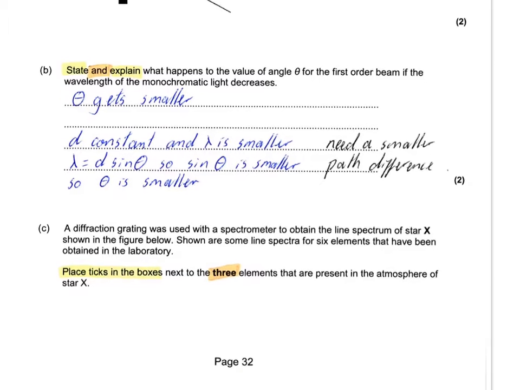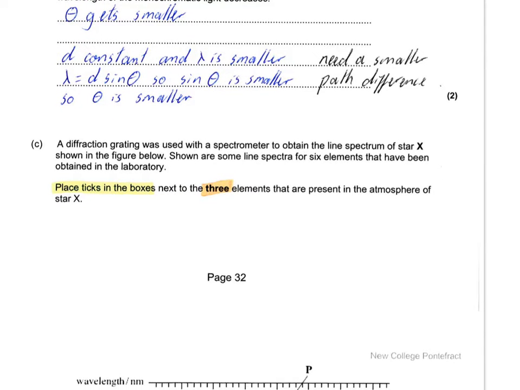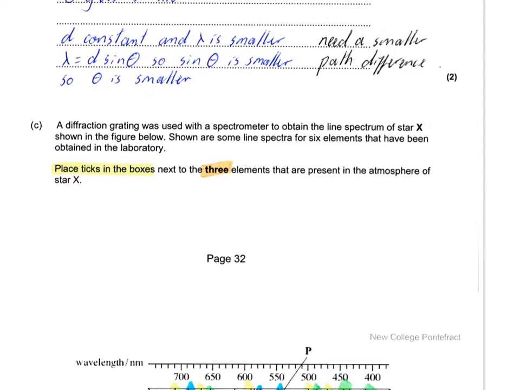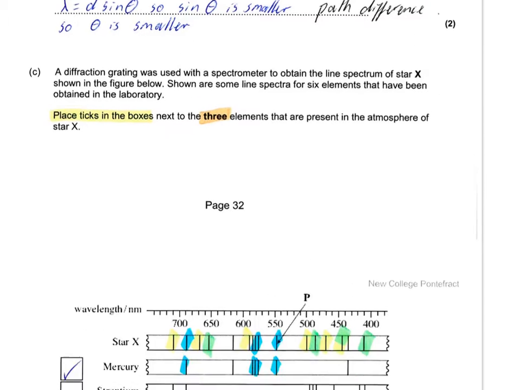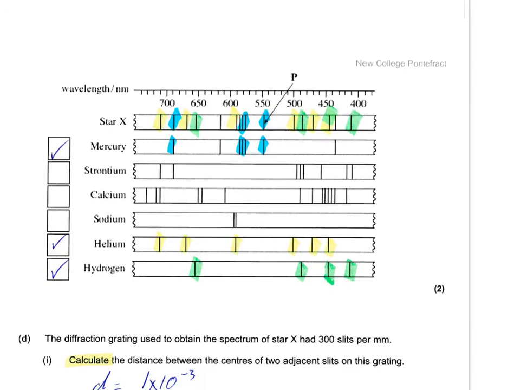A diffraction grating was used with a spectrometer to obtain the line spectrum of star X shown in the figure. Shown are some line spectra for 6 elements that have been obtained in the laboratory. Put ticks in the boxes next to 3 elements that are present in the atmosphere of star X. So if we have a look at this diagram, here's the spectrum for X, and then we've got various other ones.